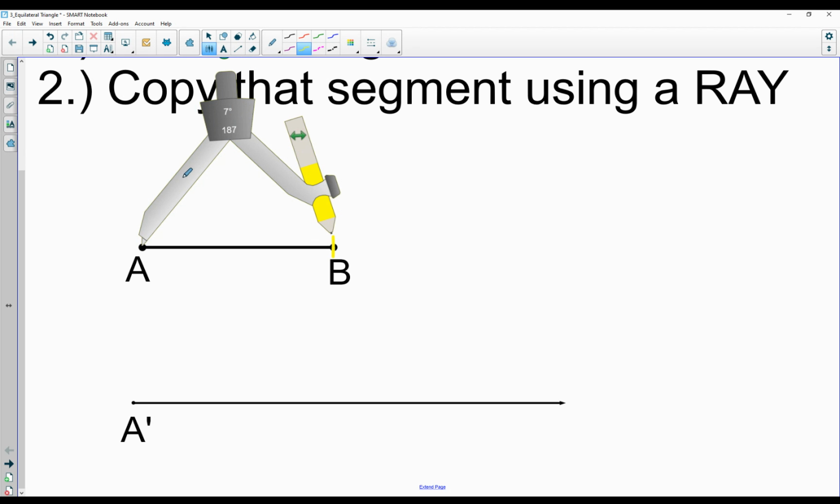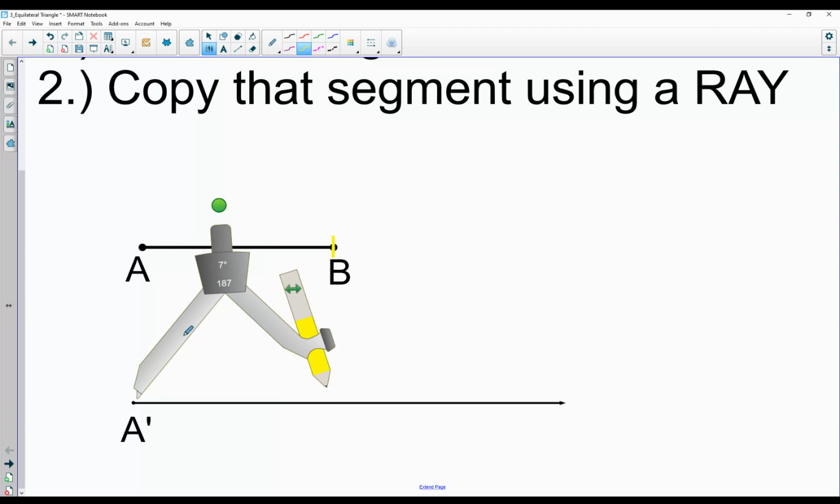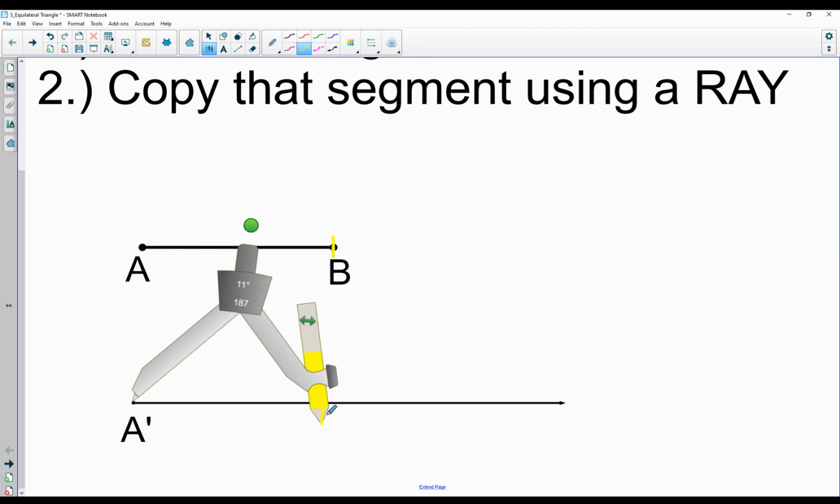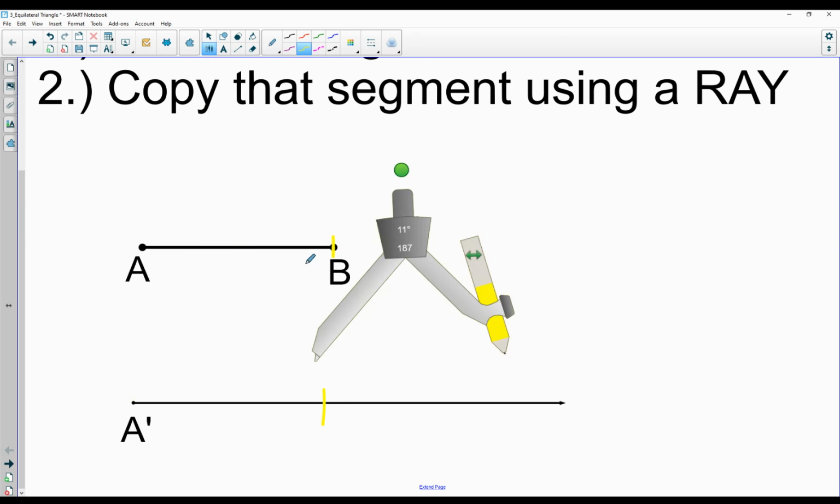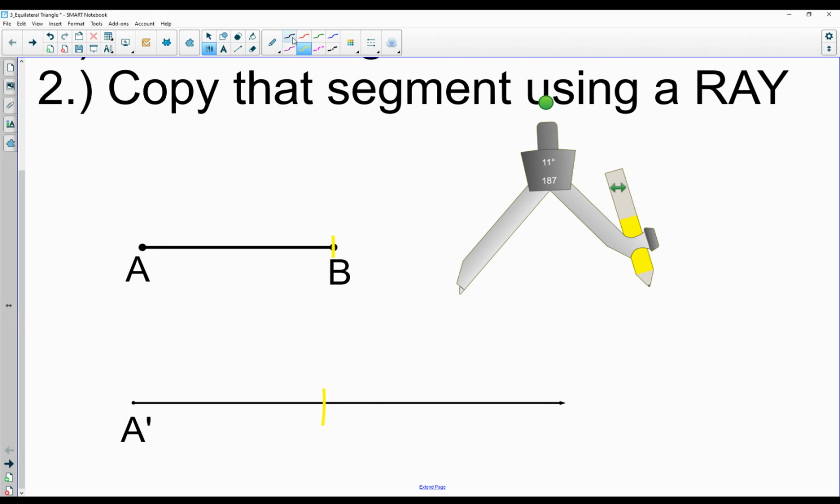Now to copy this segment length, we're going to take our compass with the same width, go down to our ray, and simply swing a tiny arc through our ray. If I were you, I would now put a point right here. This shows that we have segment AB. The intersection of the arc and the ray is a point.